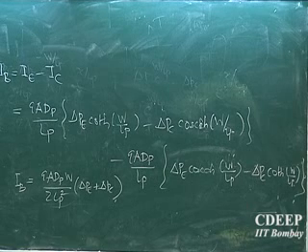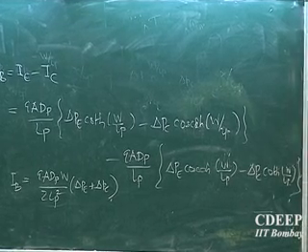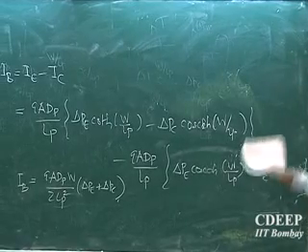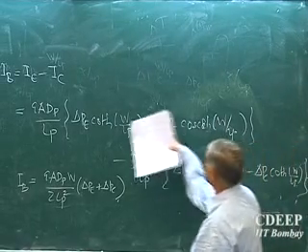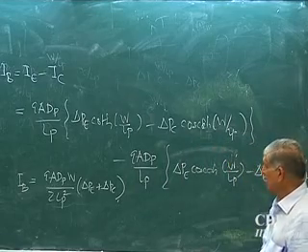Just expand sinh, cosh, coth functions, and what is the condition? W by LP is much smaller, so take y smaller and take the approximation from there. Substitute here all 4 terms, collect those terms.